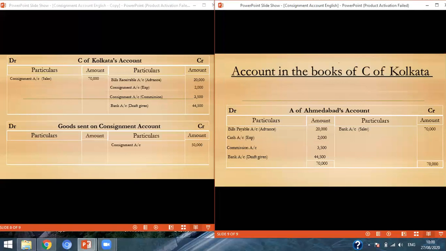So there are no further entries or details required to make the consignor's account in the consignee's book. So it is very easy to calculate. Try once, and I suggest you please calculate this sum very thoroughly, because this is the basic sum. If you really understand this sum, then we'll go further with higher and higher sums.